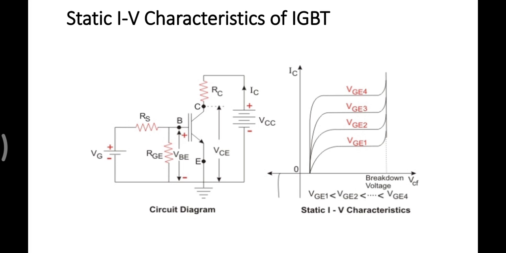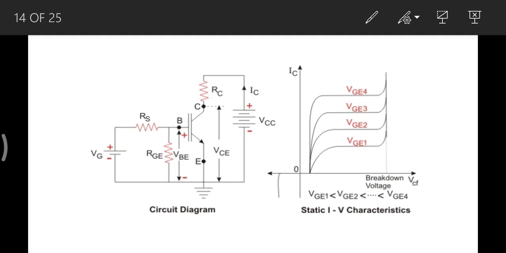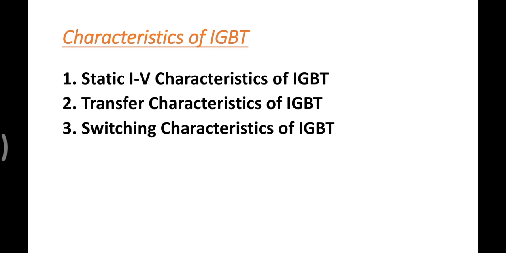The entire study of on and off situation can be obtained by using the switching characteristics of the IGBT. Switching characteristics of the IGBT are also called the dynamic characteristics of the IGBT.